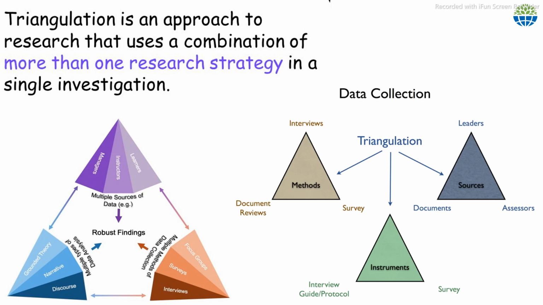You can do a primary survey first. You can collect secondary data, and also you can check with the DFO, the district forest officers. So that is the triangulation method. In this way, you can apply more than one research strategy for a single investigation.